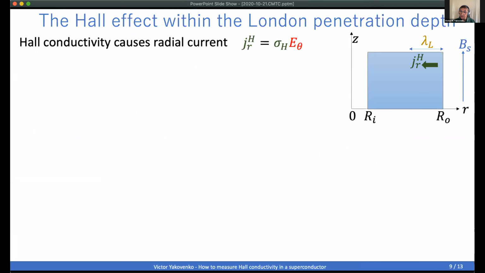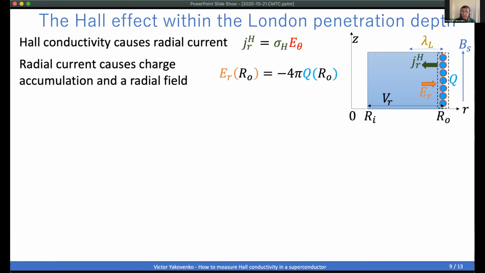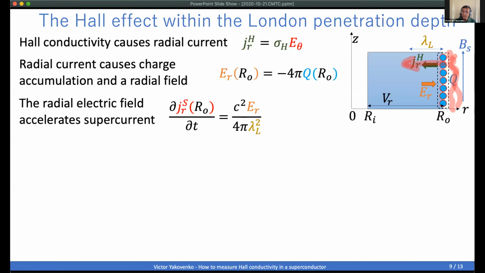Let's see what happens. Once we apply the oscillating magnetic field, it produces a circular electric field, and that produces a radial Hall current. This radial Hall current will result in charge accumulation on the outer wall of the sample. But this charge accumulation will of course produce an electrostatic, radial electric field, and once you have a radial electric field, it will produce a radial supercurrent.